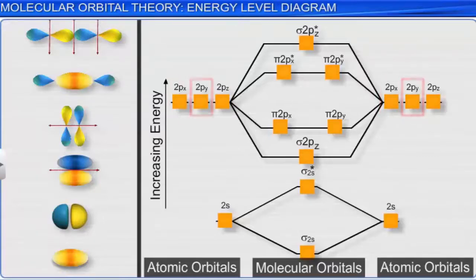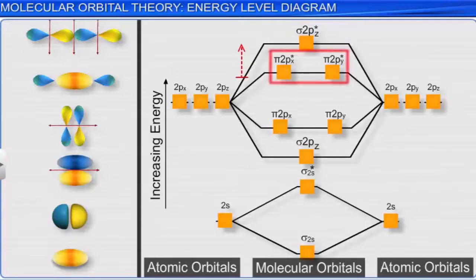As a result, the sigma 2p orbital lies below the pi x and pi y orbitals, and the sigma star 2p orbital lies above the pi star x and pi star y orbitals.